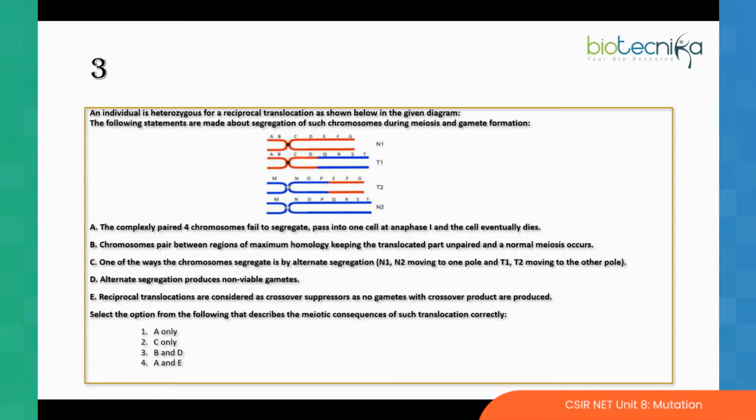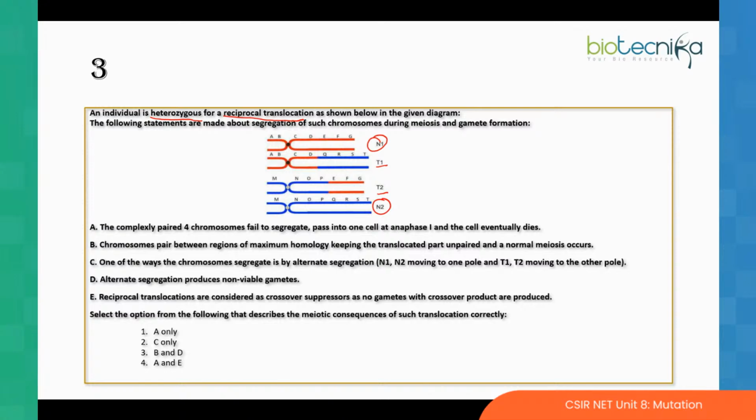There are four chromosomes, and they have undergone heterozygous reciprocal translocation. N1 and N2 are the two normal chromosomes. T1 and T2 are the ones which have undergone reciprocal translocation.